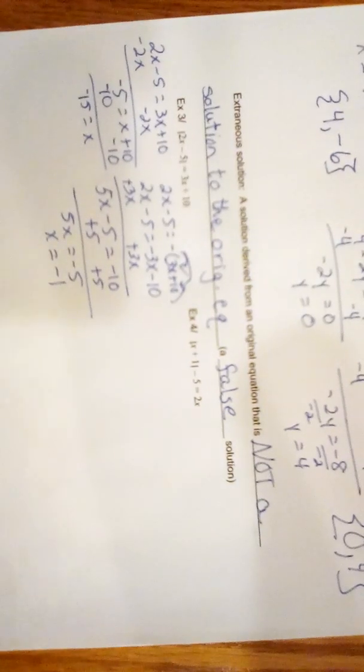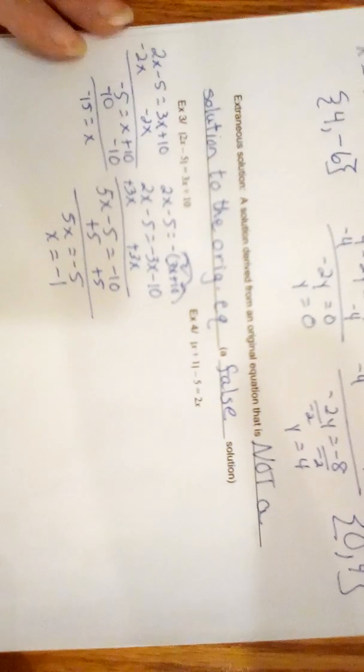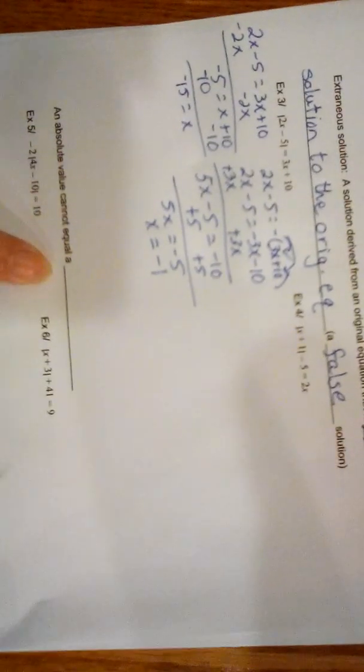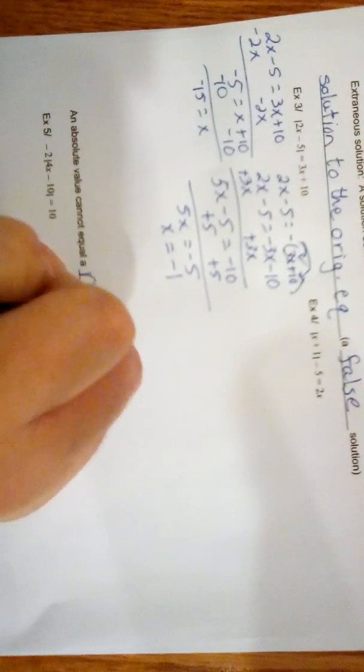Okay, so I've got two answers, looks just like the others. But we have to check, and there's one thing that we need to know about absolute value, and that is an absolute value cannot equal a negative.